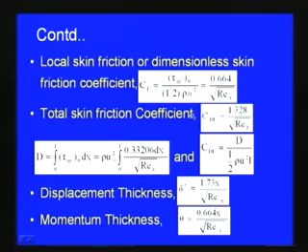So the total skin friction coefficient as derived by Blasius is C_DF = 1.328 divided by square root of Re_L, where Re_L is the Reynolds number at the trailing edge of the flat plate, or C_DF = D divided by half rho U² L. Here D is the total drag, D = integral 0 to L of tau_xy at 0 dx = rho U∞² integral 0 to L of 0.33206 dx by square root of Re_x.